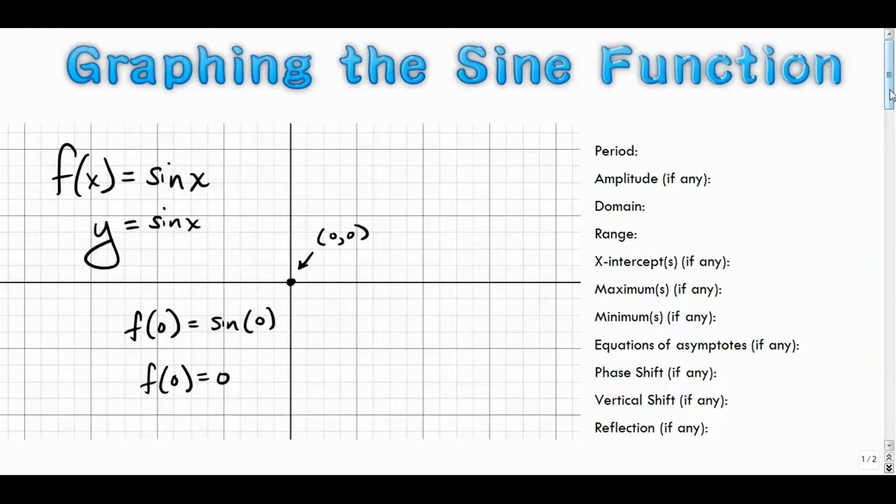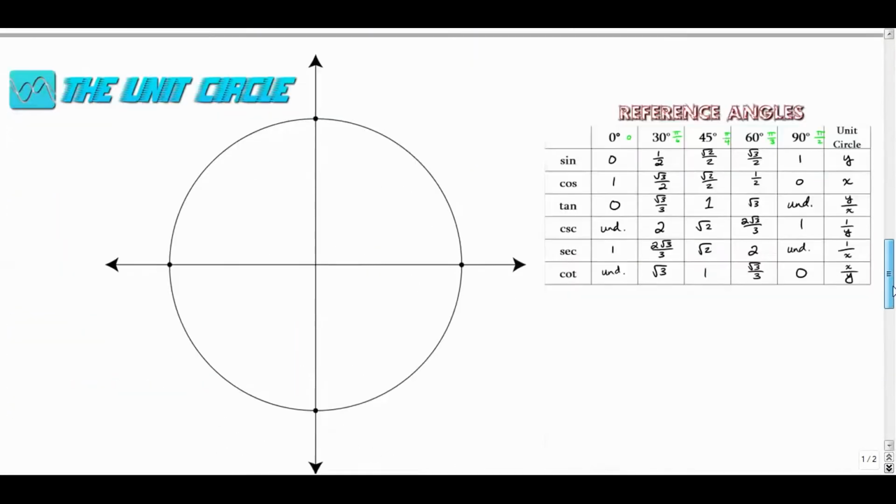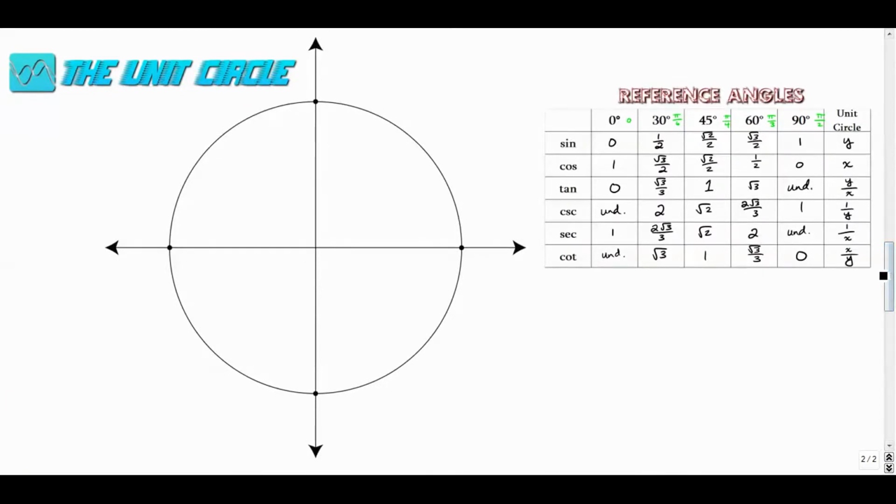That comes back to our idea of the unit circle, which we've studied before in previous videos. On the unit circle, remember the radius is 1, which means that this point right here is (1, 0). If we're talking about 0 radians or 0 degrees, it's basically just the positive x-axis, this line right here.